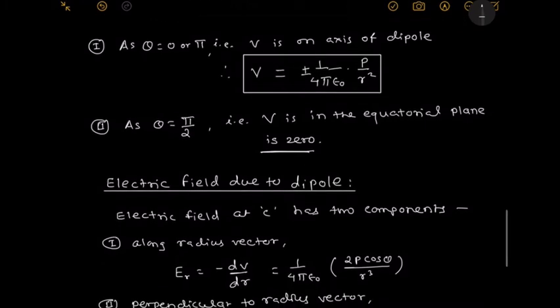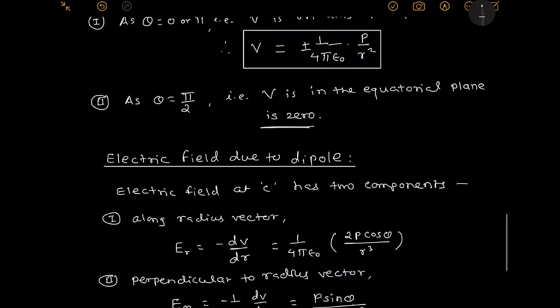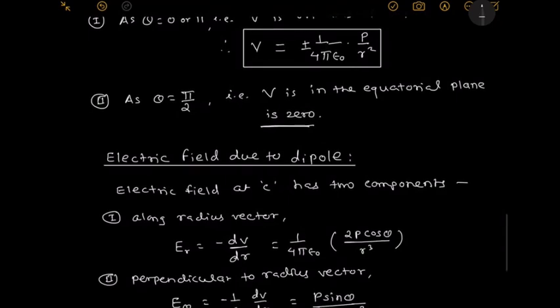One component is along the radius vector, the radial electric field, equal to minus dV by dr, where V is the electric potential. That value is known, so differentiate V with respect to r. The equation becomes 1 divided by 4 pi epsilon 0 into 2p cos theta divided by r cube.